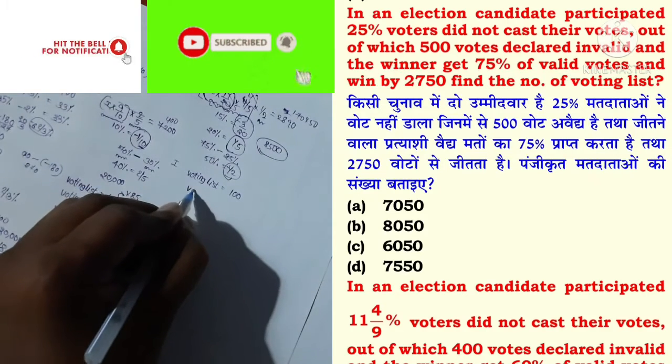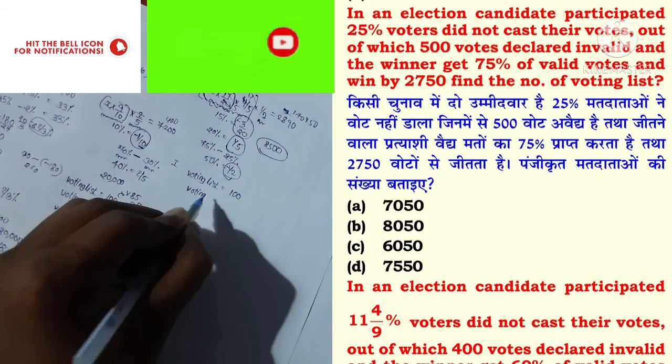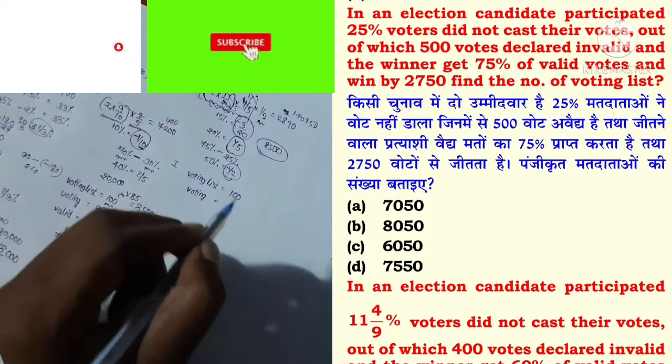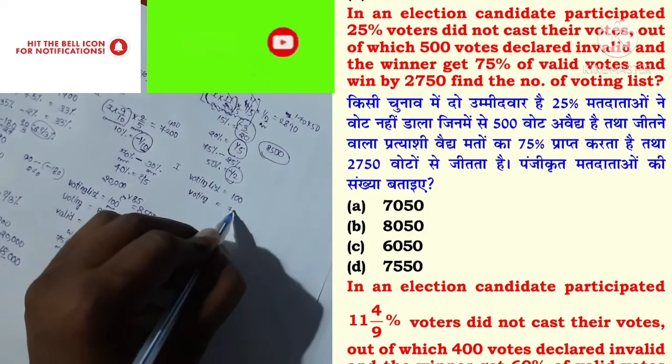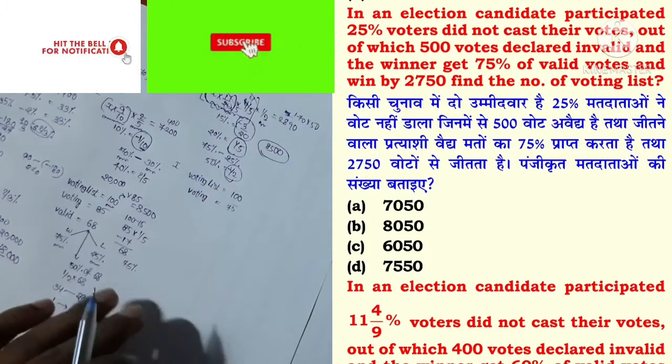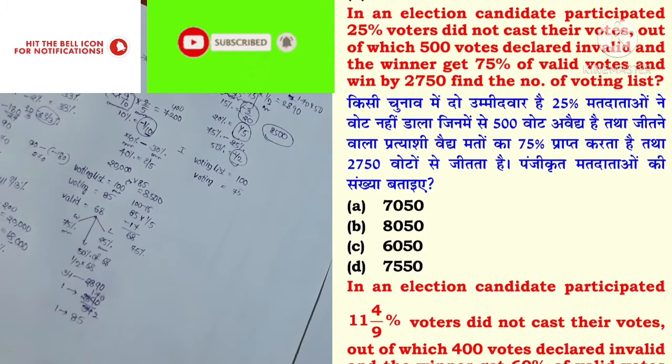So, 25 voters did not cast their votes. The voting is 75. Out of which 500 votes are declared invalid.